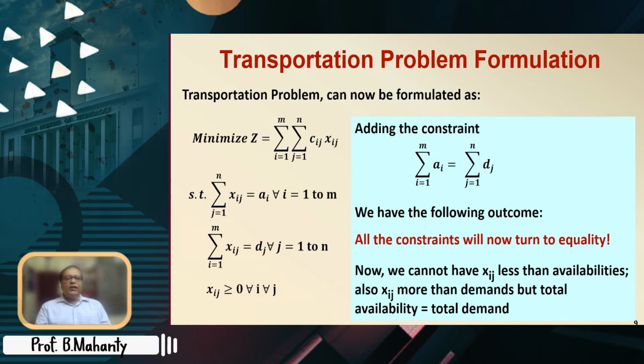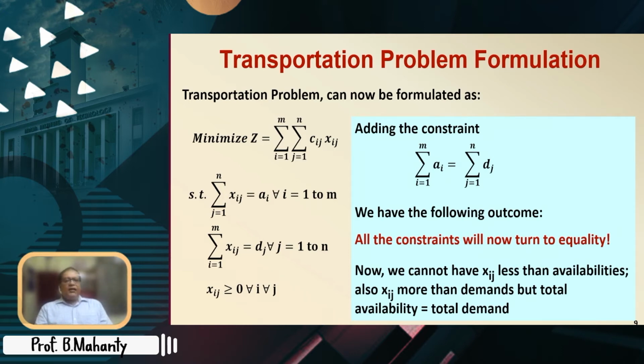And obviously all the Xij's are greater than or equal to 0. So when we have these equality constraints, we can think to solve them, and the number of unknowns is much less. The number of unknowns in that case is only m into n.